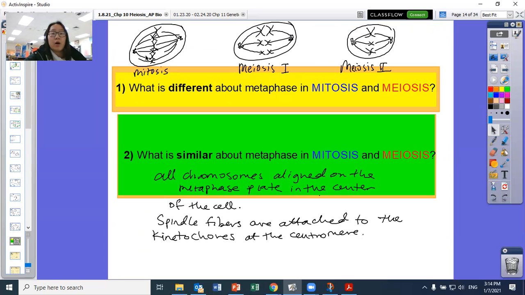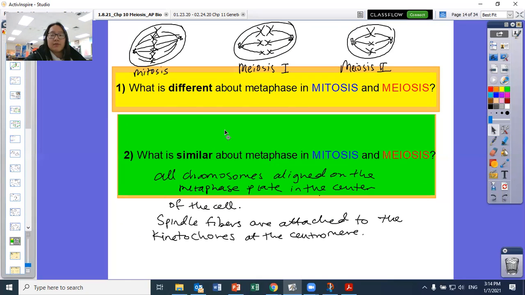In mitosis, though, they are separated, and they're in a single file line. Okay, that's why mitosis is more similarly compared to Meiosis 2, where there's a single file line. Although when you notice, Meiosis 2 has half the number of chromosomes as mitosis. Okay, so in Meiosis 2, the process is the same as in mitosis, but the chromosome count is different because it's already haploid here, even though in mitosis it is diploid.